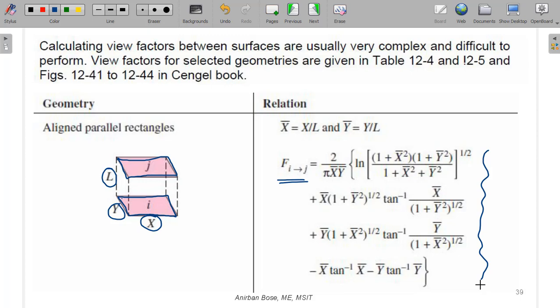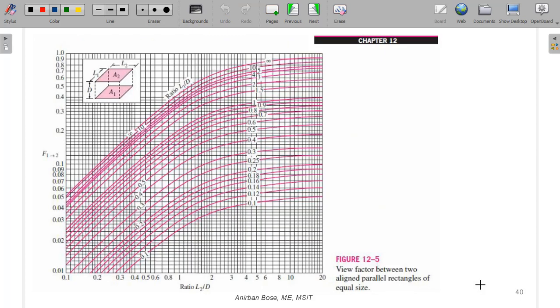So one way is to make use of a chart. Basically these results have been plotted in the form of a chart, where the x-axis is the ratio L2 by D, where L2 and L1 you can see in the chart. For the particular dimensions, you find out what L2 and D are. D is the distance between them, and L2, L1 are the two dimensions of the rectangle.